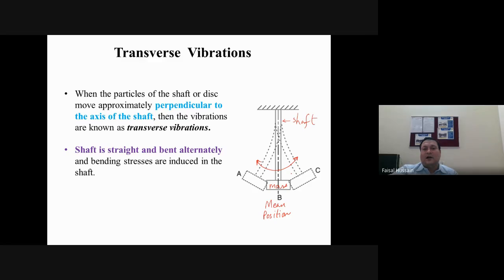From this figure you can observe alternate bending of the shaft, so bending stresses are induced in the shaft, and these bending stresses will be tensile and compressive in nature.